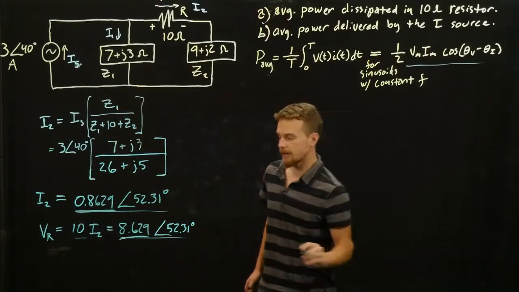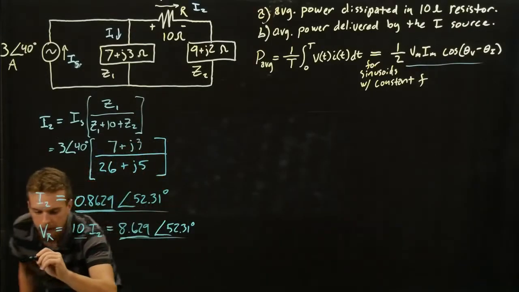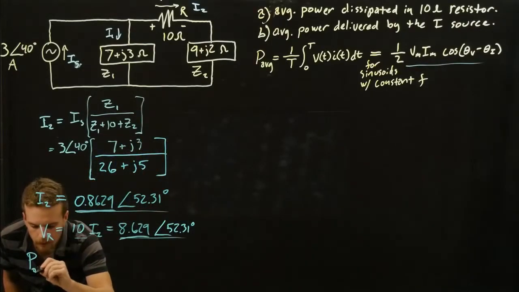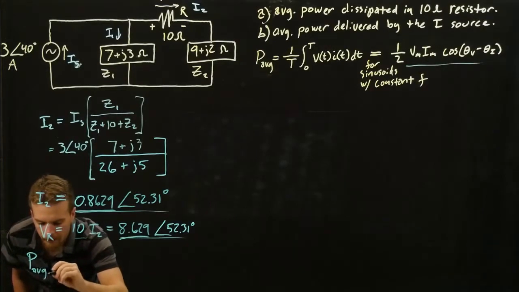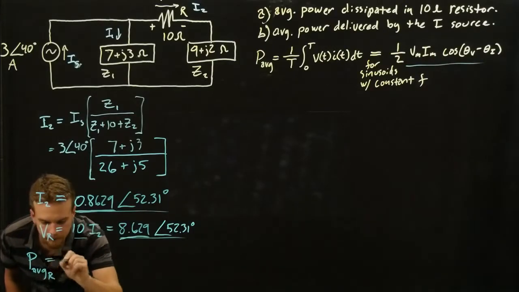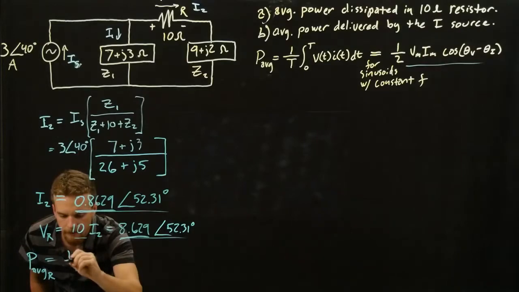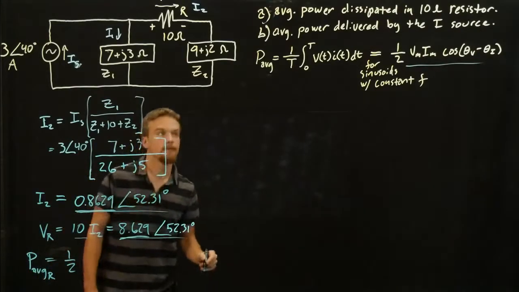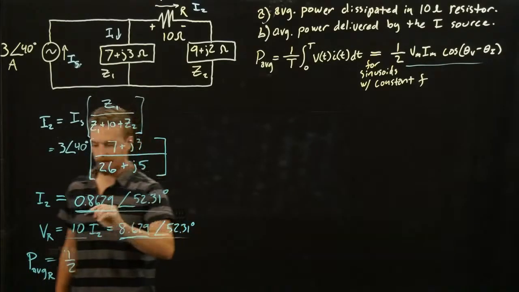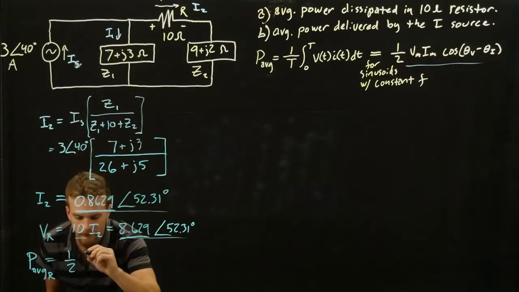So let's calculate that. We'll say that the average power in the resistor is equal to 1/2 times Vmax. What's Vmax? 8.629.